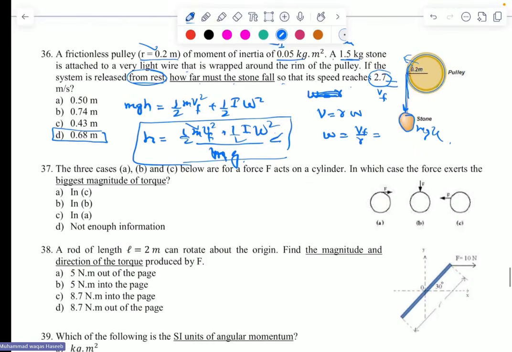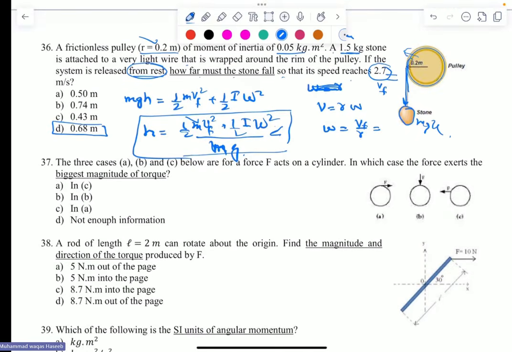Question number 37. In the cases A, B, C, D below, a force F acts on a cylinder. In which case does the force exert the biggest magnitude of torque? Torque is R cross F, which is R F sine theta. Sine theta is maximum at an angle of 90 degrees.